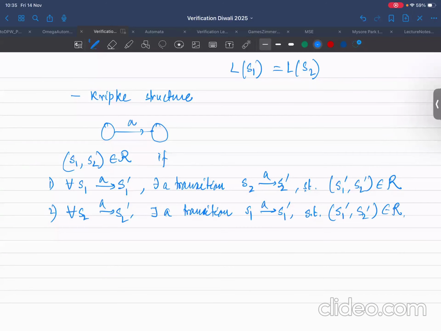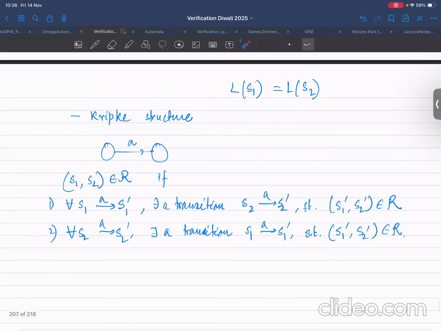Is it clear? When we are talking about two automata or two transition systems where the labels are on the transitions instead of on the states, you can define bisimulation in this way.